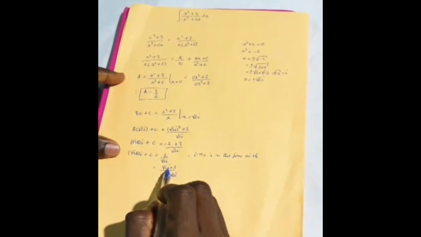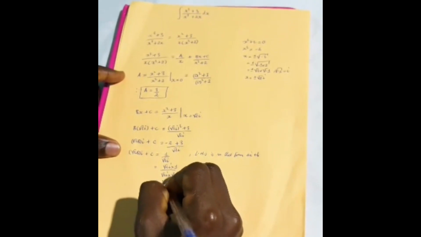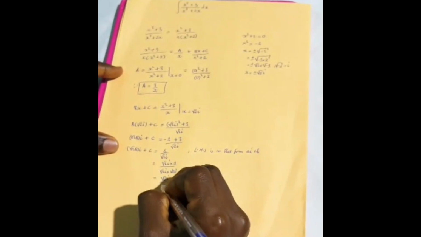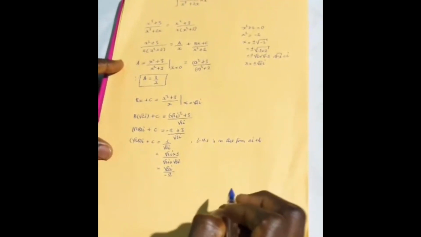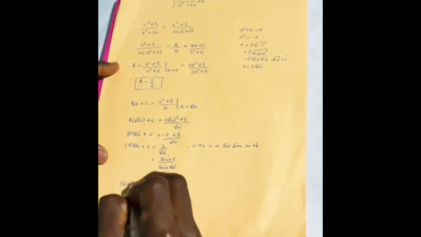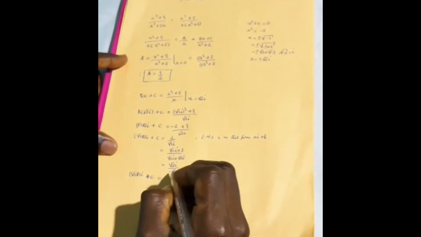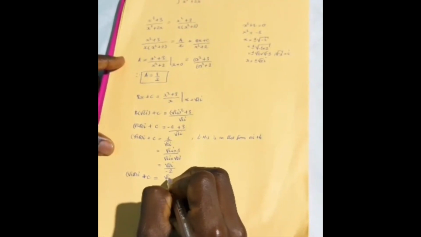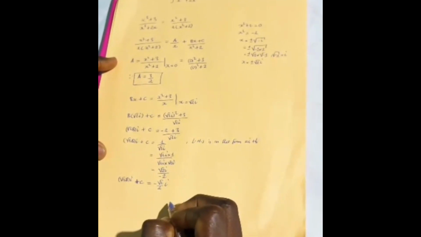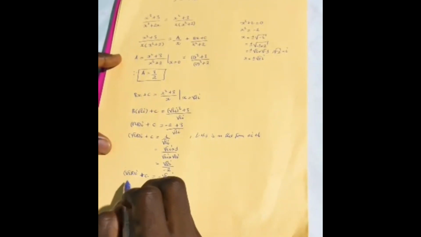So we have that root 2i times 1 gives us root 2i, which equals root 2i divided by negative 2. So we have that root 2b all i plus c equals negative root 2 divided by 2 all i. So we see here that we can make the right hand side look just like the left hand side.